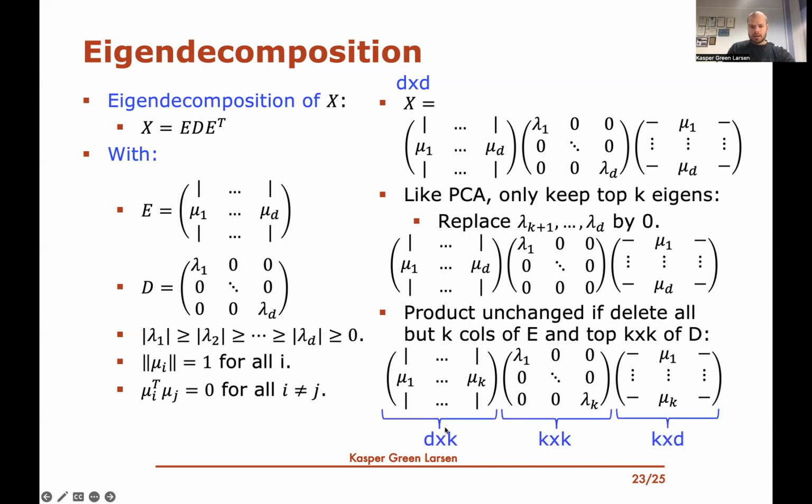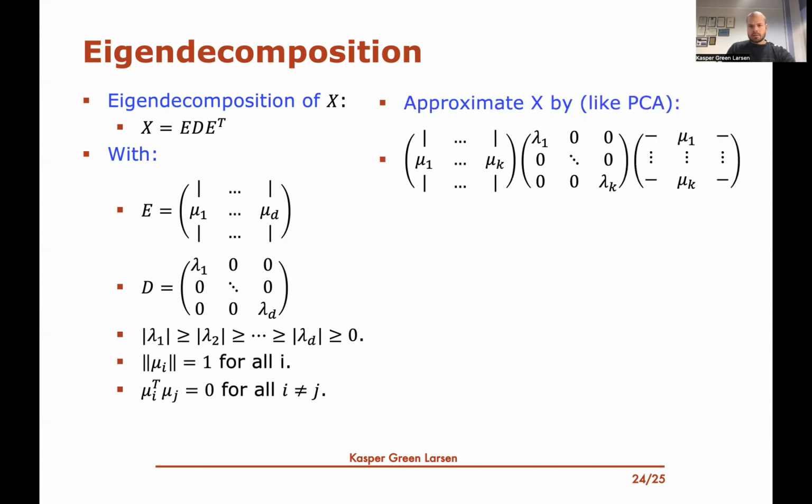Now it's a D by k, k by k, k by D product, the same product as up here. And this is basically an approximation of X, which is a little bit similar to PCA in some sense.